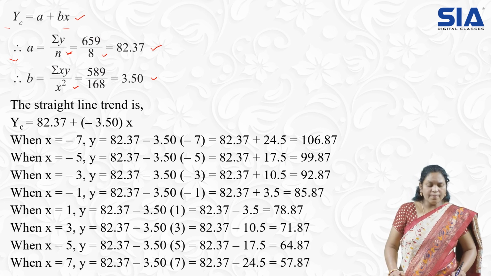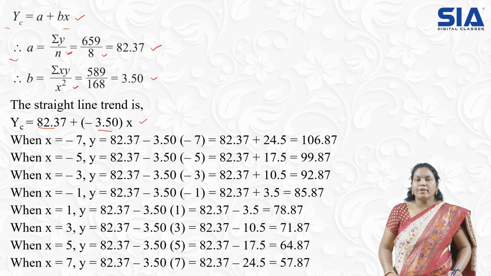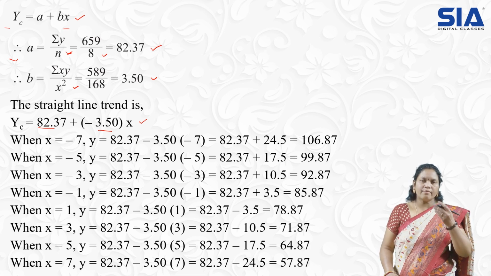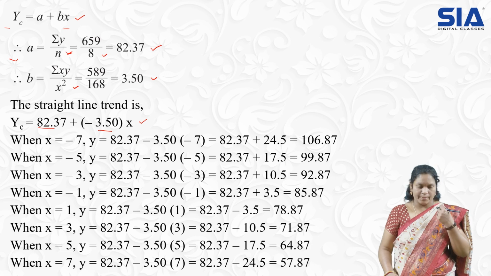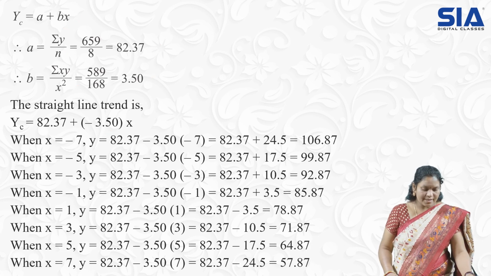Now let us go for substituting in the straight line equation. So yc is equal to a plus bx we have, right? So the a value I have substituted and the b value also I have substituted. Now x values we have to go on substituting so that the trend values we can obtain. So how to do that: take the x value, go to the table again.